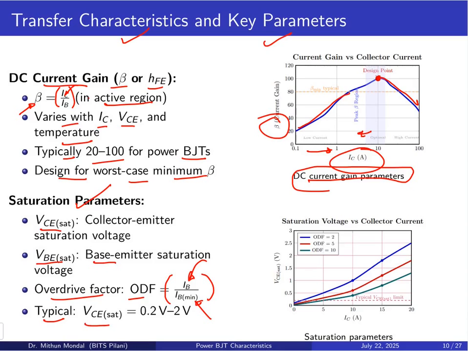Typically, this collector to emitter saturation voltage lies between 0.2 volt and 2 volt. Here you can see the curve between the collector current and collector to emitter saturation voltage for different overdrive factor (ODF) values of 2, 5 and 10. So you will have the minimum base current which is required for the operation.